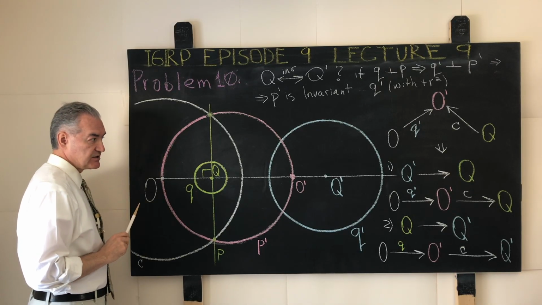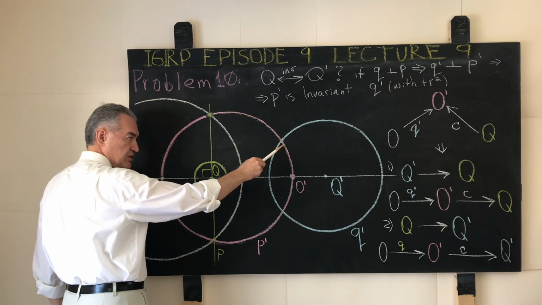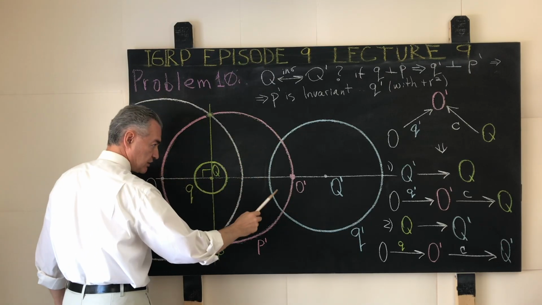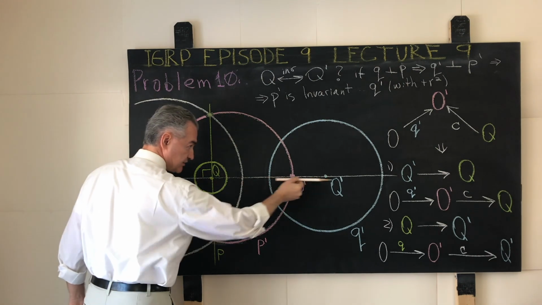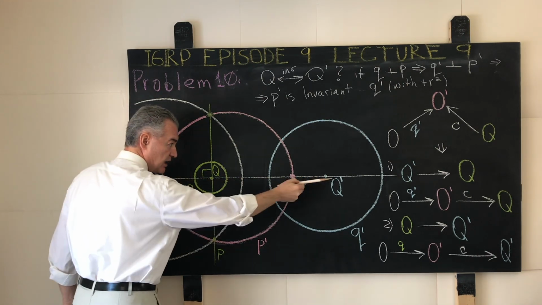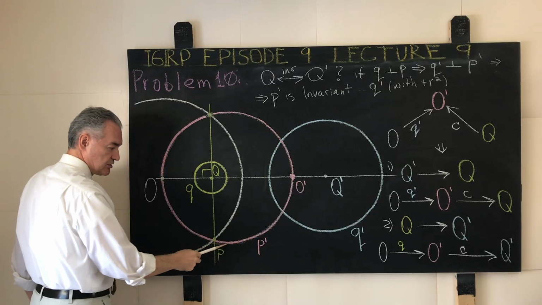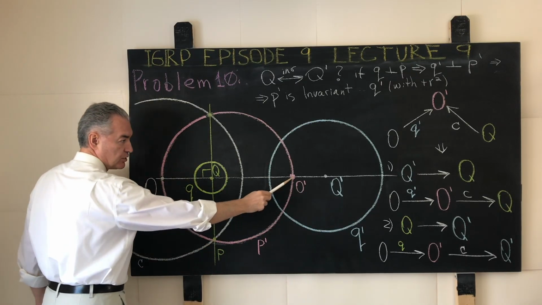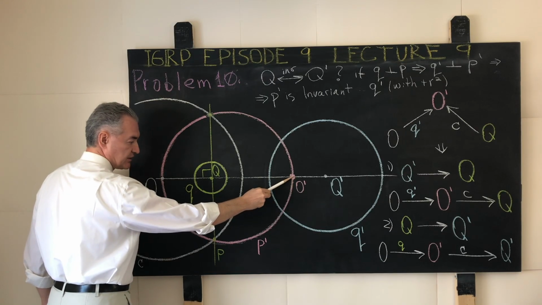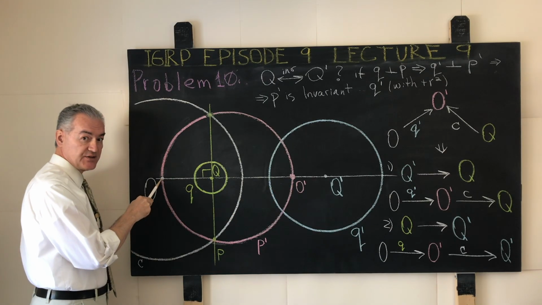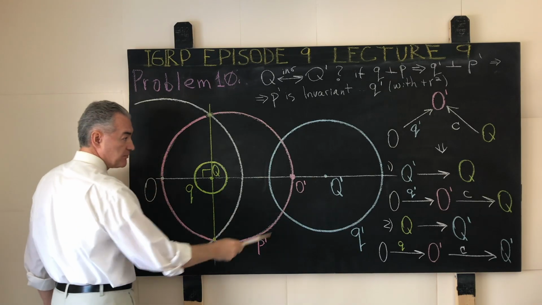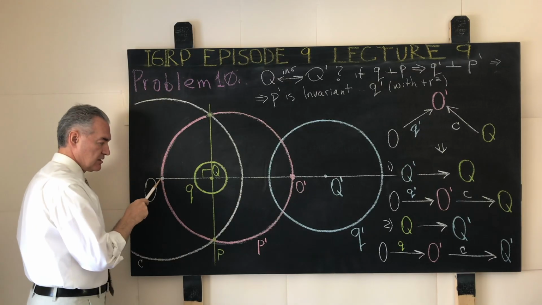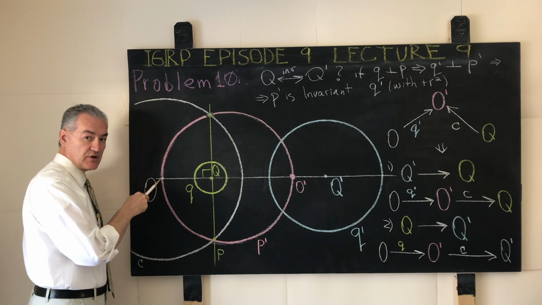Remember that in this case, we have the partition of that circle into two arcs, outer arc and inner arc. So if the straight line of centers, this one, intersects our pink circle P prime at the point O prime for the second time, the first time being at the center of inversion, then that means that the point O prime and the center of inversion are what?